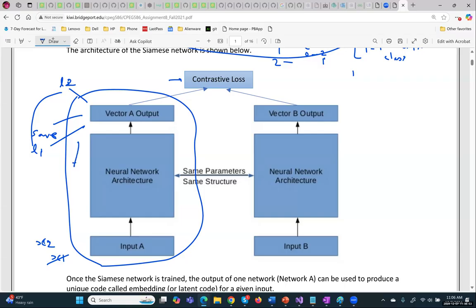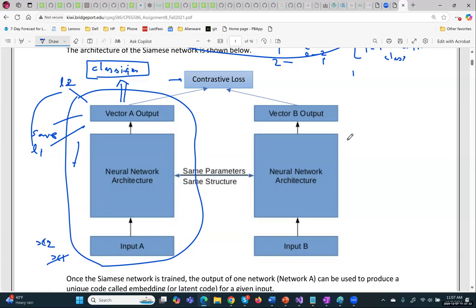Once we have trained it on a lot of similar and dissimilar inputs, and it has adjusted the weights and biases such that for similar categories, the vector it produces is close to the same category, then at the very end, we will attach a classifier over here. And now we can use it to distinguish between two categories, okay?